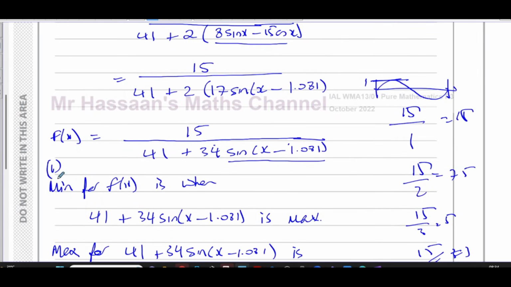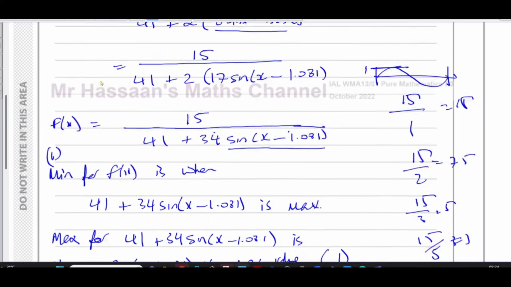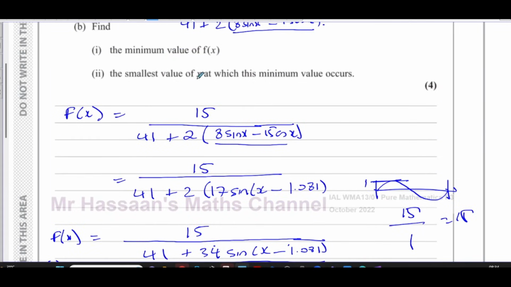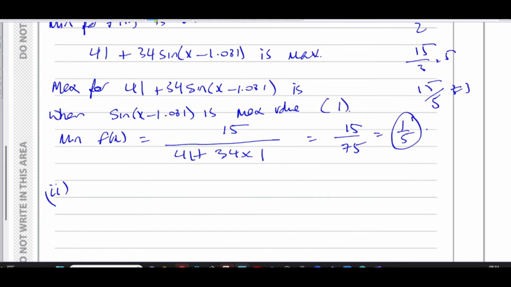Okay. Now for part 2 of B, it's very much linked to this. It says, find the smallest value of x at which this minimum value occurs. So we got to find the smallest value of x for which sine of x minus 1.081 is equal to 1. That's when the minimum value of f of x occurs, when this is equal to 1.